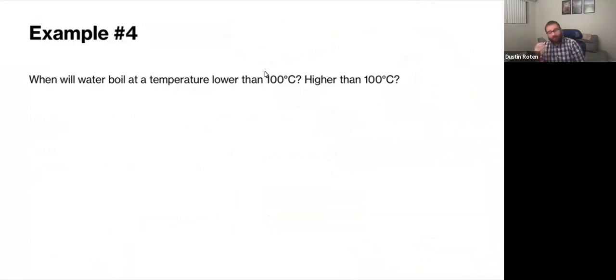Let's sum this up with a really quick conceptual example. So the question is, when will water boil at a temperature lower than 100 degrees Celsius? And when will it boil at a temperature higher than 100 degrees Celsius? Okay, so how can we get away from that regular old boiling point of 100 degrees C?